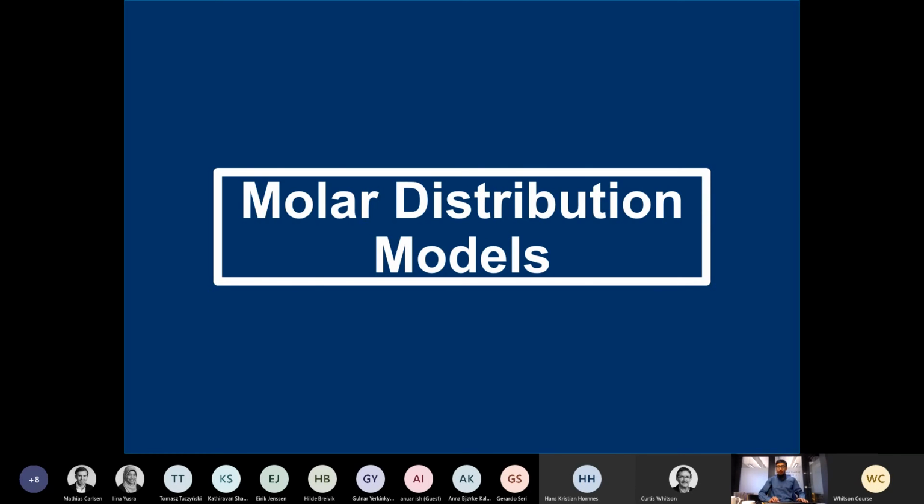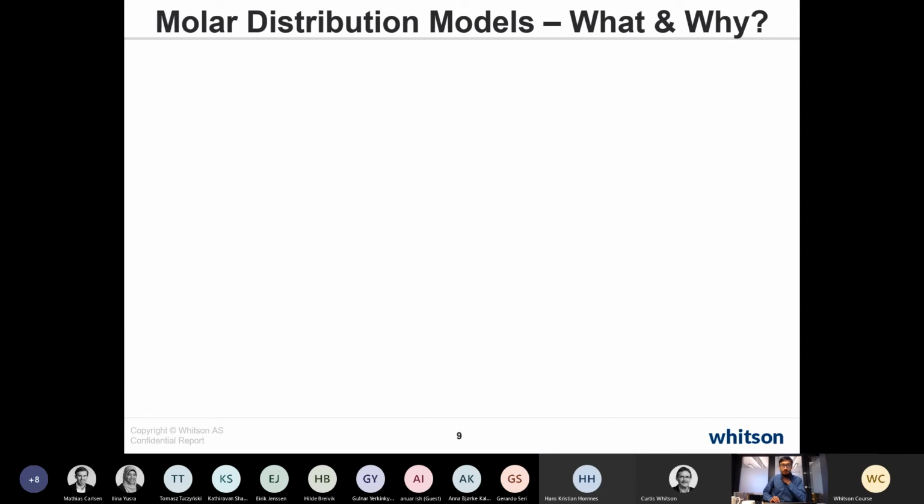Okay, so now we will go through in more detail the different molar distribution models that Matthias briefly mentioned. But before that, let's go through why we are talking about molar distribution models.